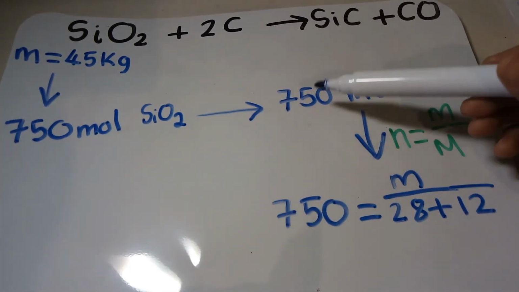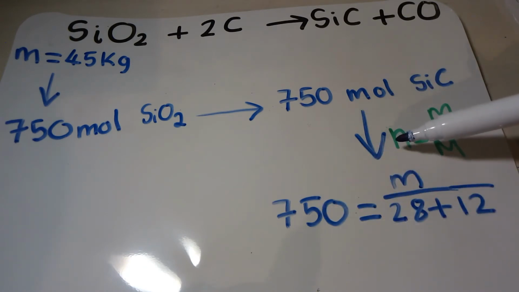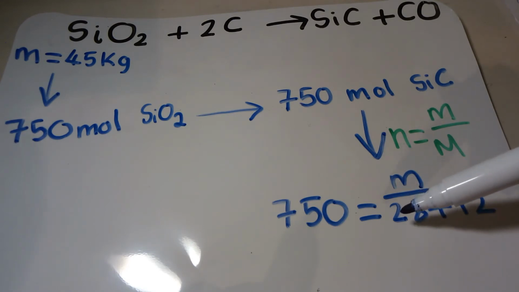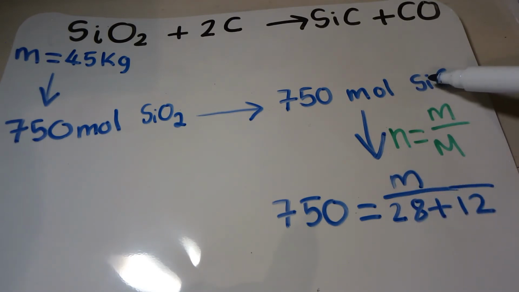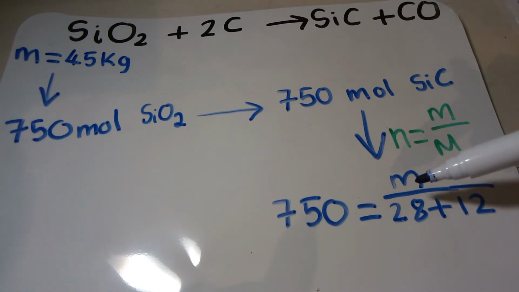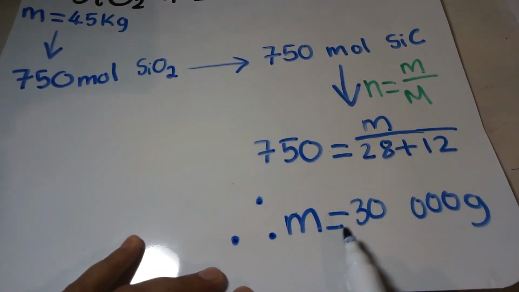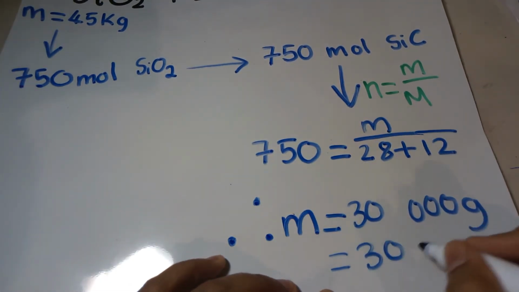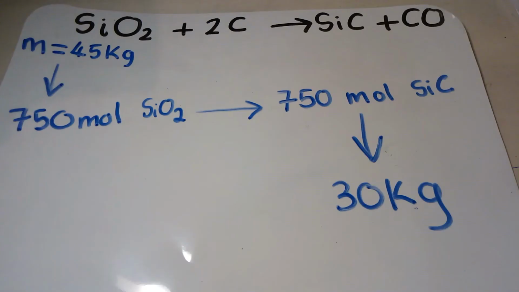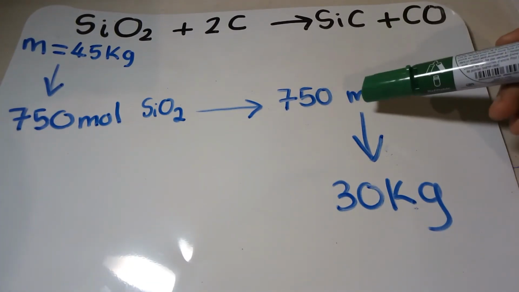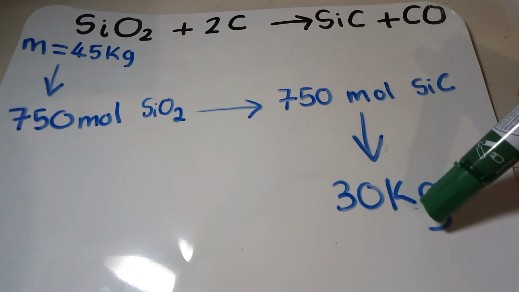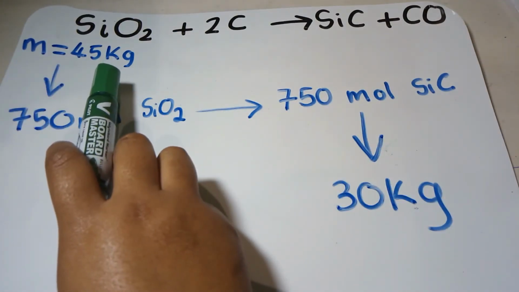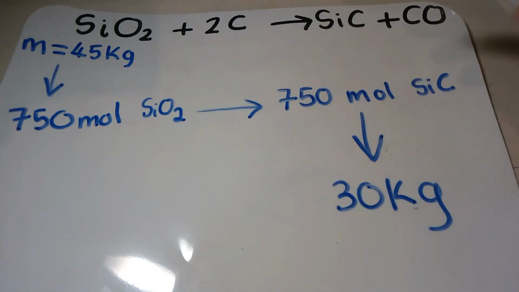I've substituted the moles where n was, and the molar mass for silicon carbide, 28 plus 12, so 40 grams per mole. Now I'm going to solve for m. This gives me a mass of 30,000 grams, which is the same as 30 kilograms. So theoretically, if I start with 45 kilograms of sand, it should produce 30 kilograms of my product.